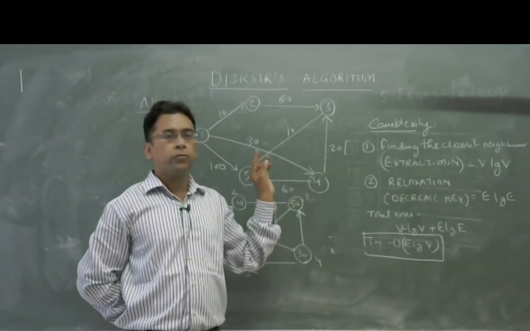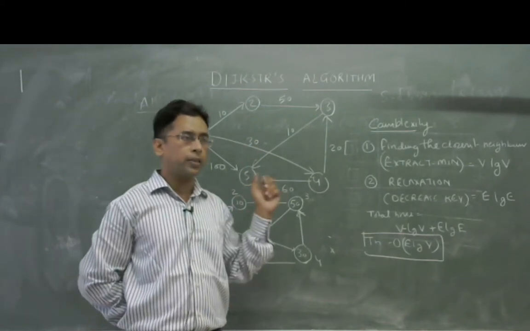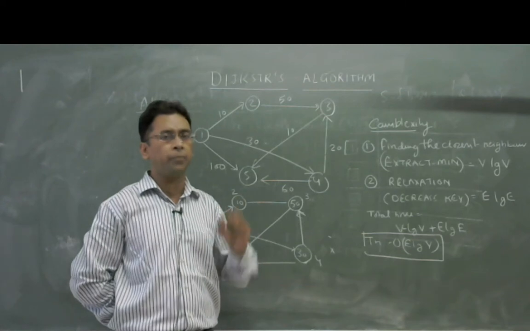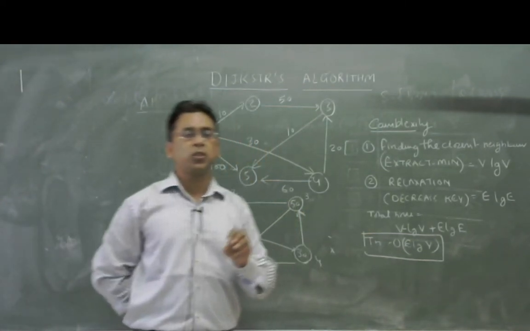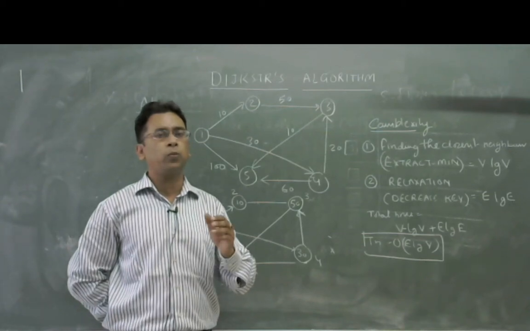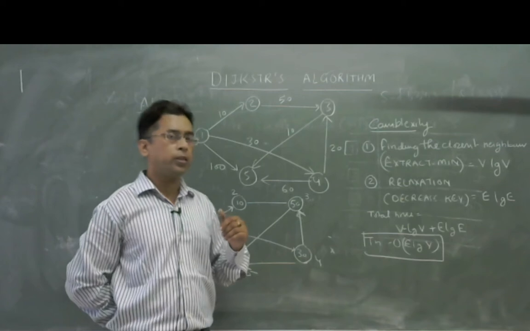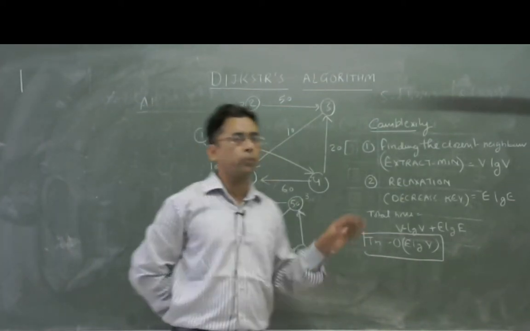There are two sets in it, set Q that is the set of vertices, and set S that is initially empty. When we have performed relaxation through a vertex, we move that vertex from set Q to set S, and when set Q finally becomes empty, we stop this process.